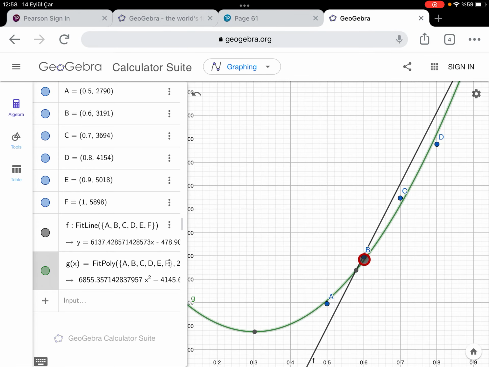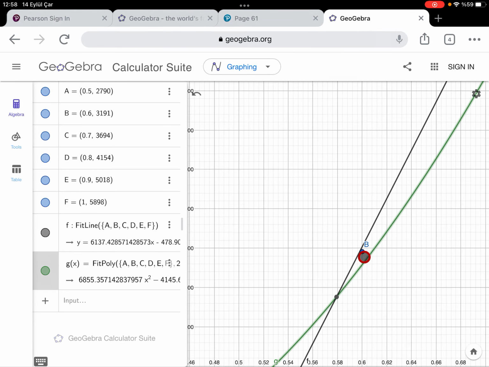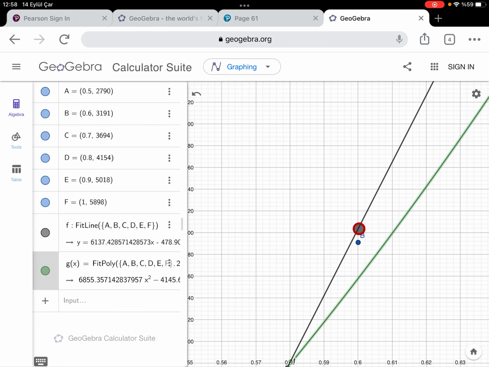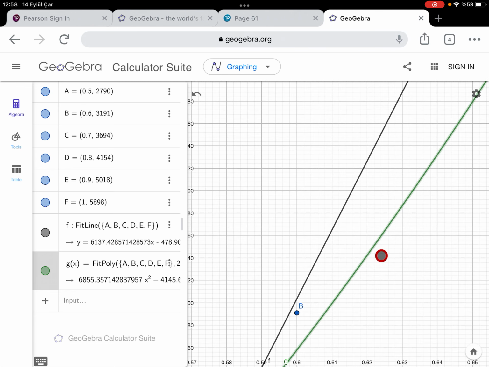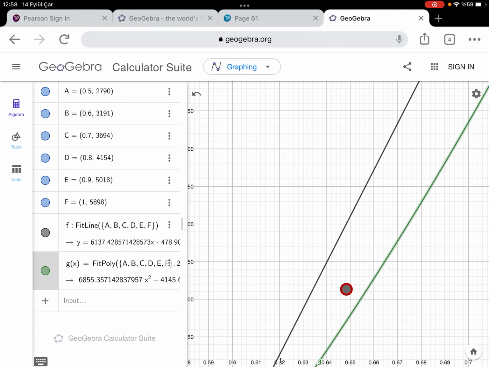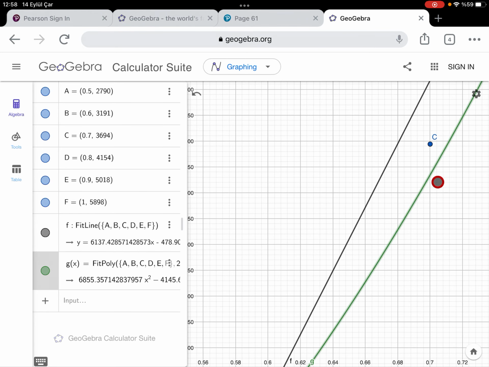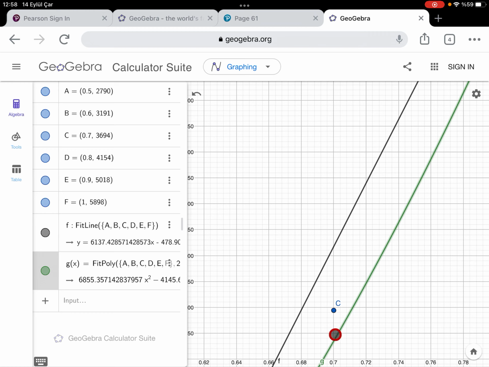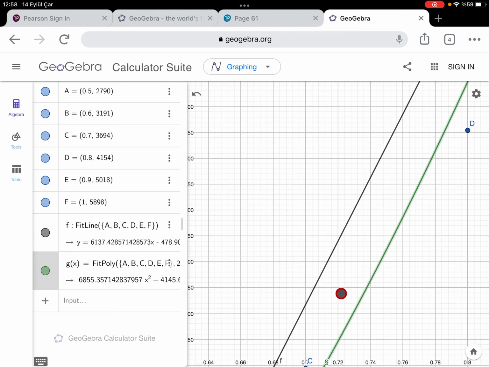And for the point B, let's look. Linear regression gives us the better approximation for the point B. Quadratic is a bit far from the value of B. Okay, but for the other points, for the point C, quadratic is better because this value is closer to the point C than this point.